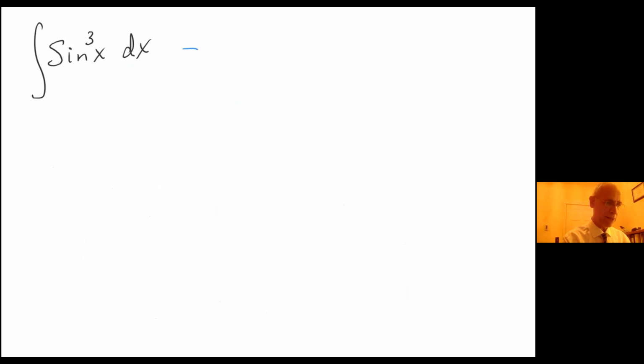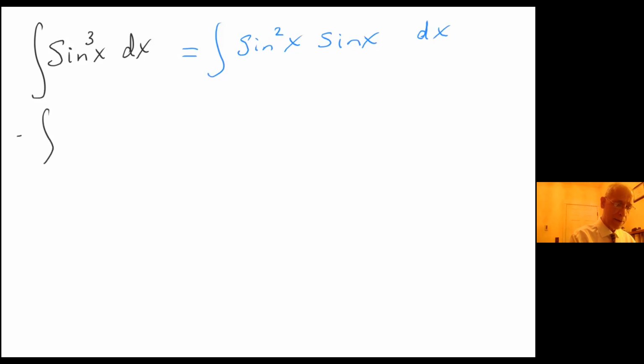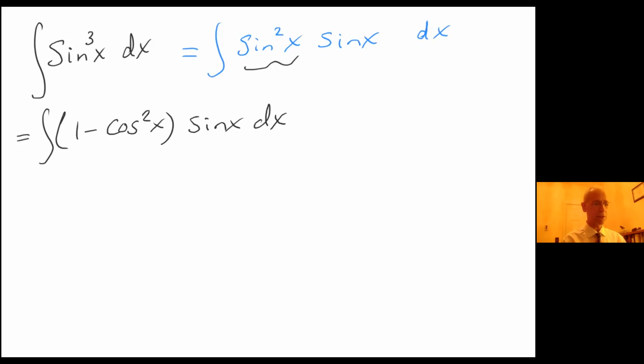So first, let me rewrite this as sine squared of x times sine of x dx. I hope you agree that I didn't change anything. It's the same thing. Now, sine squared of x I can rewrite as 1 minus cosine squared of x, times sine of x dx.